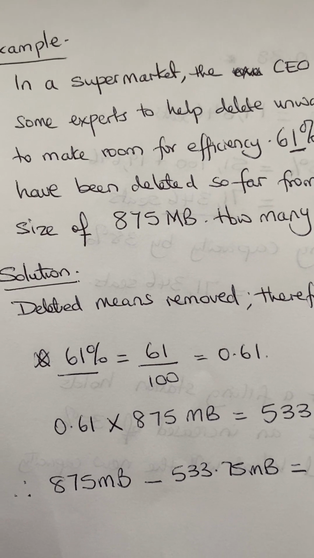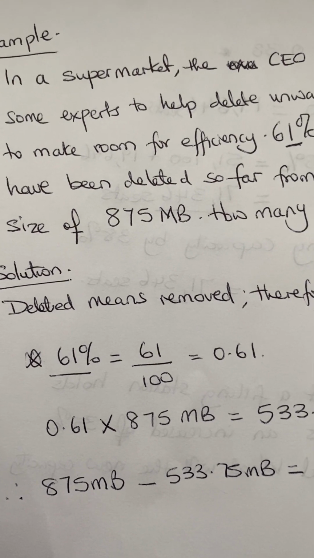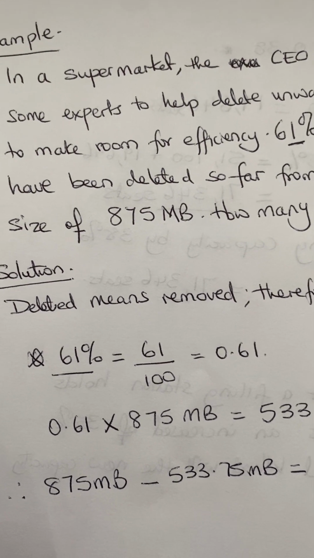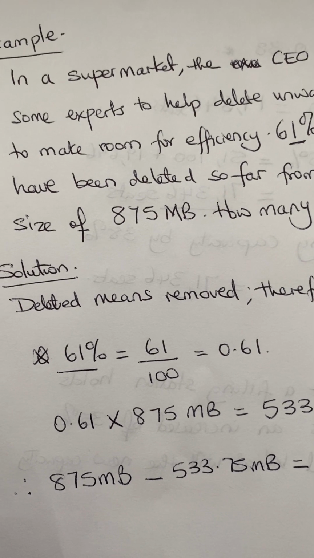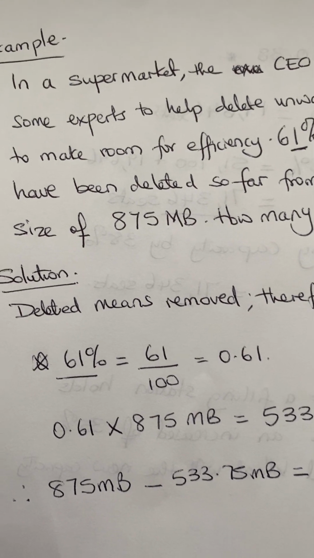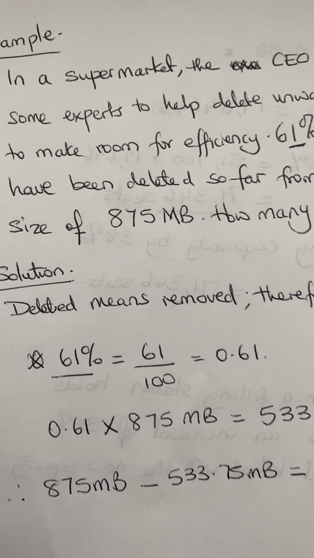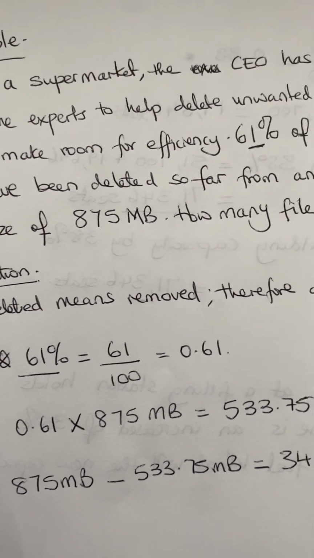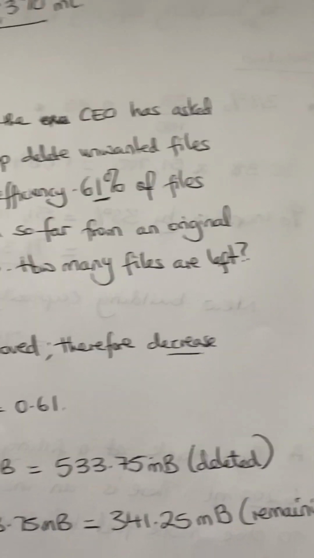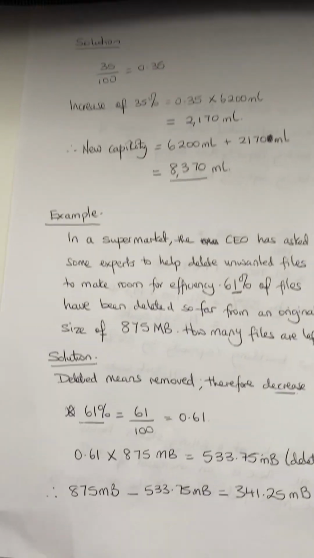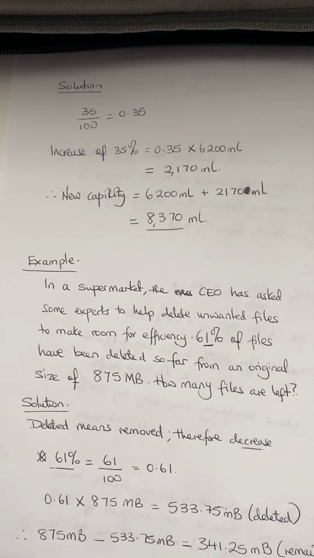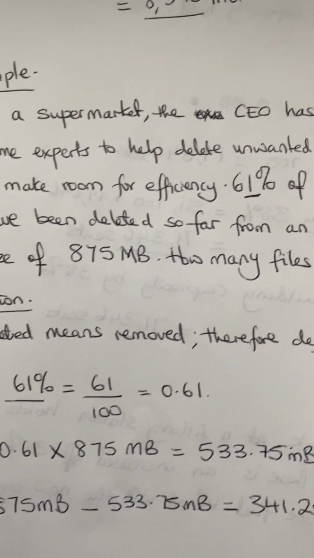You can do those in the supermarket as a way of just showing a bit of knowledge or practicing what we've learned so far. Okay, so this is the example I wanted to show you today.